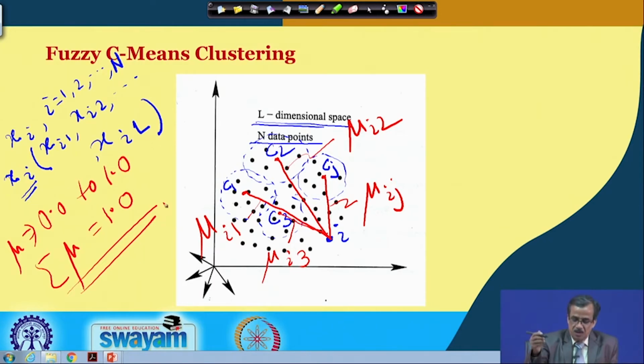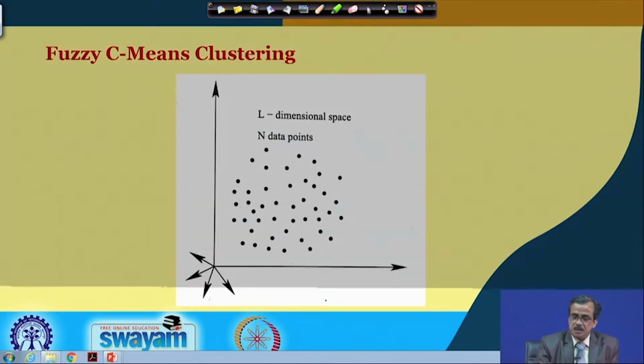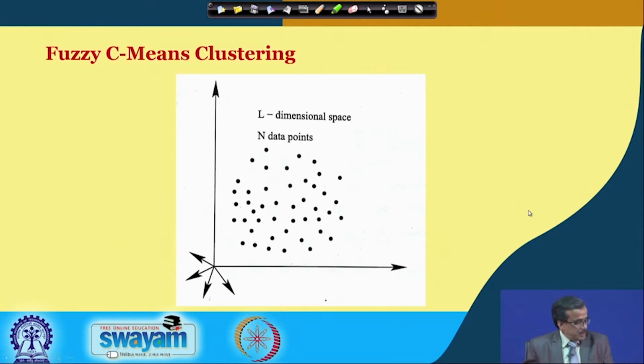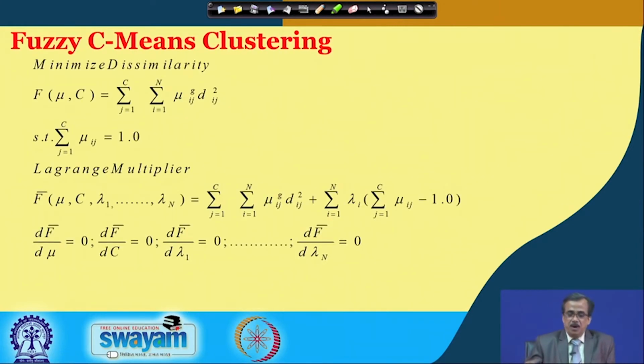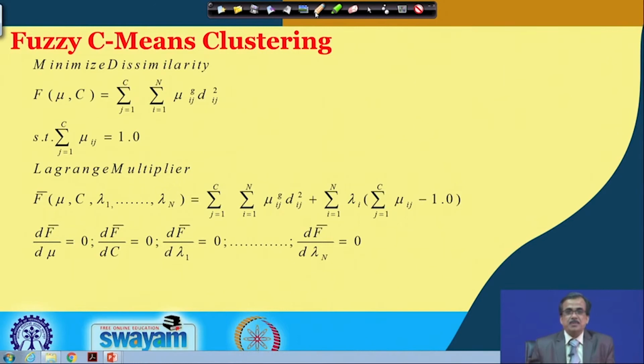Now, let us see how we proceed. To proceed further, I will have to formulate an optimization problem, and this particular optimization problem has to be solved using some technique. Now, we try to minimize the dissimilarity, as I mentioned, and this dissimilarity will be expressed in terms of the Euclidean distance value, that is dij square.